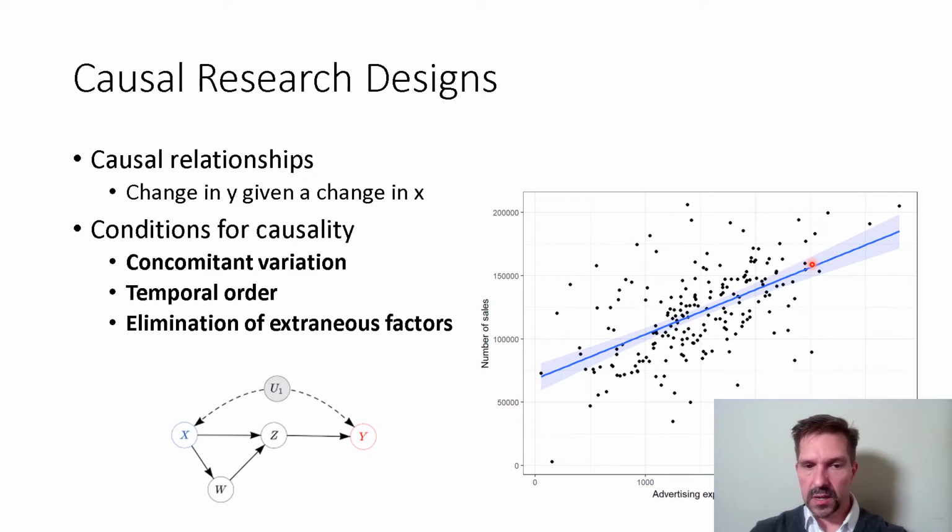The second condition for causality is that the cause needs to move before the effect moves. What does that mean? That means that if we're studying advertising and sales, you want to make sure that you change advertising first and then you observe what happens to sales, and not the other way around. This is a problem in the case of advertising and sales because a lot of companies set their advertising budget by looking at their sales from the previous term, let's say previous quarter or previous year.